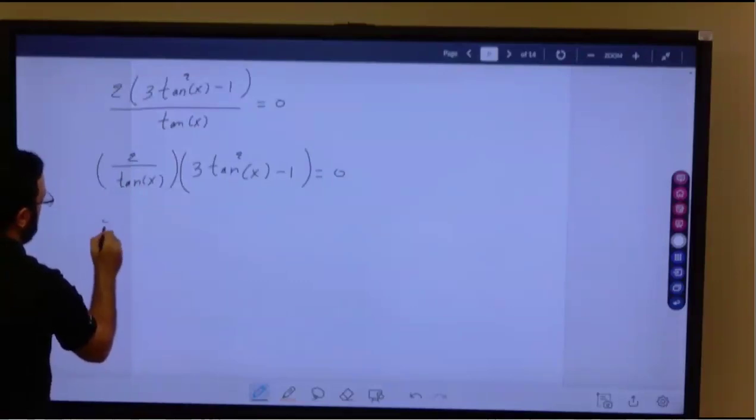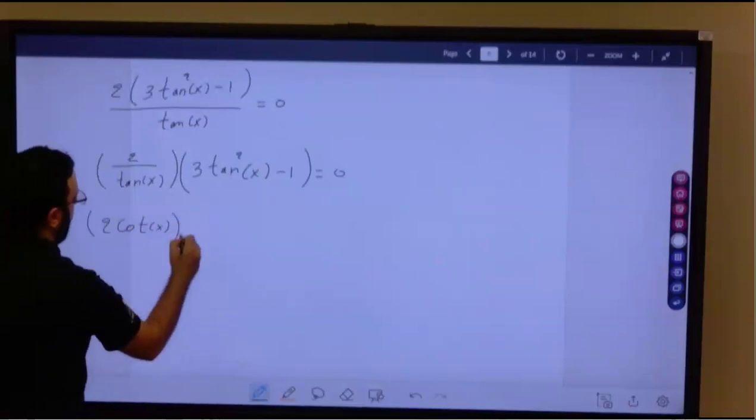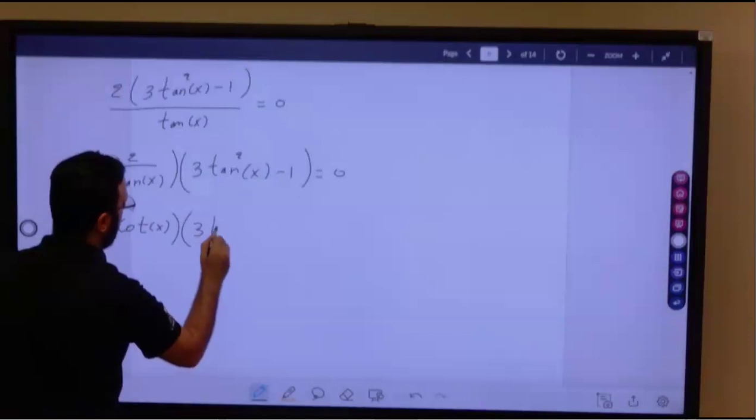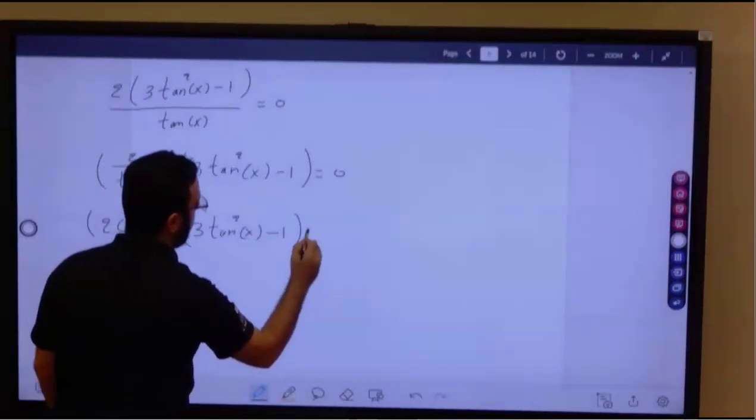That means it's going to be 2 cotangent x, and here 3 tangent square x minus 1.